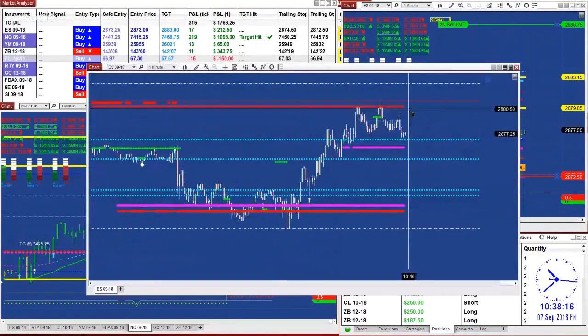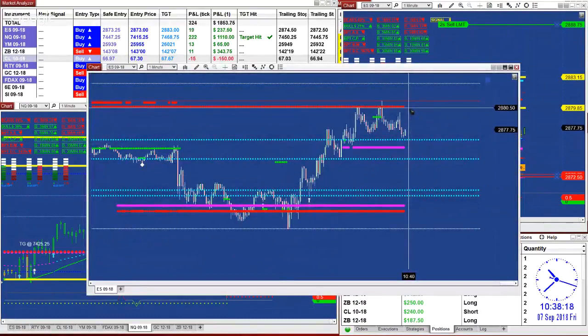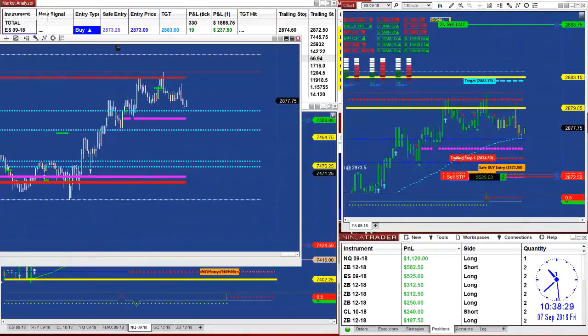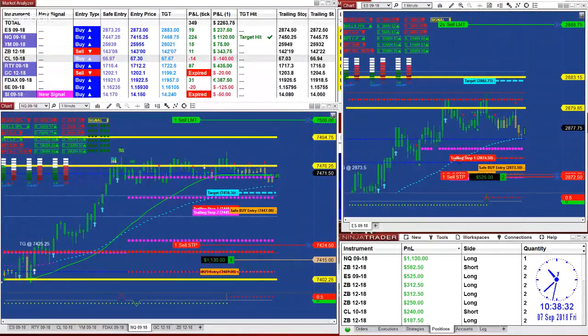The target on that is not much, guys, it's 80.50. So how many ticks? That will give you around $150 in that trade. There is nothing to grab out of that one.